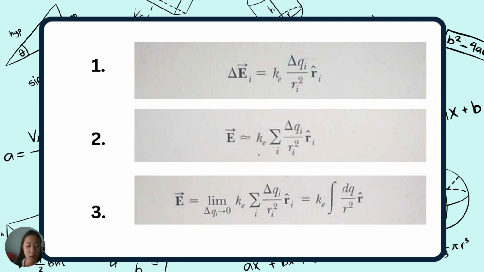We shall illustrate this type of calculation with several examples in which we assume that the charge is uniformly distributed on a line, or a surface, or throughout some volume.